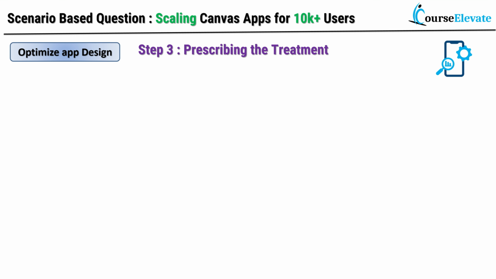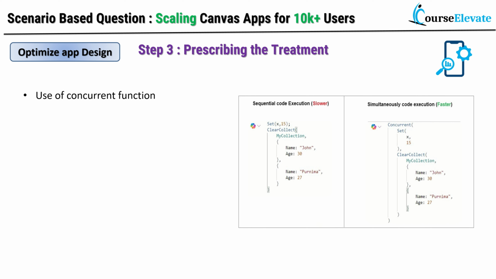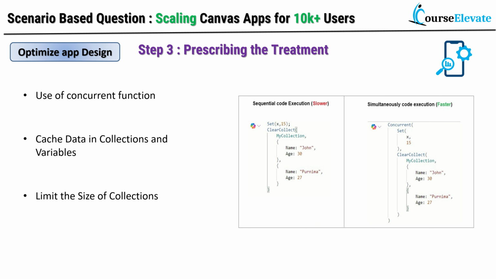The first one is the optimized app design. We will perform some operations which will improve the performance. The first is the use of the Concurrent function. The Concurrent function in Power Apps loads data faster by processing multiple calls simultaneously. Cache data in collections: store frequently used data in collections and variables. Limit the number of rows and columns required by the app.